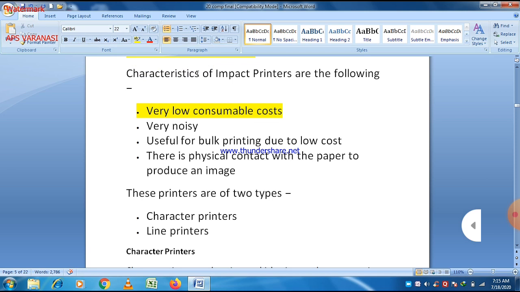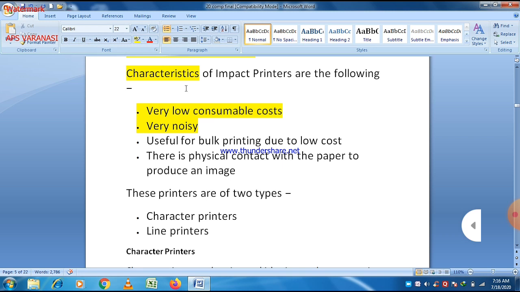The first is very low consumable cost. So this is the main characteristic of impact printers. Because of this they are very popular, but they are very noisy because they create impact on a paper and it creates noise. Functioning is not very smooth. And the next important thing is they are useful for bulk printing due to low cost.